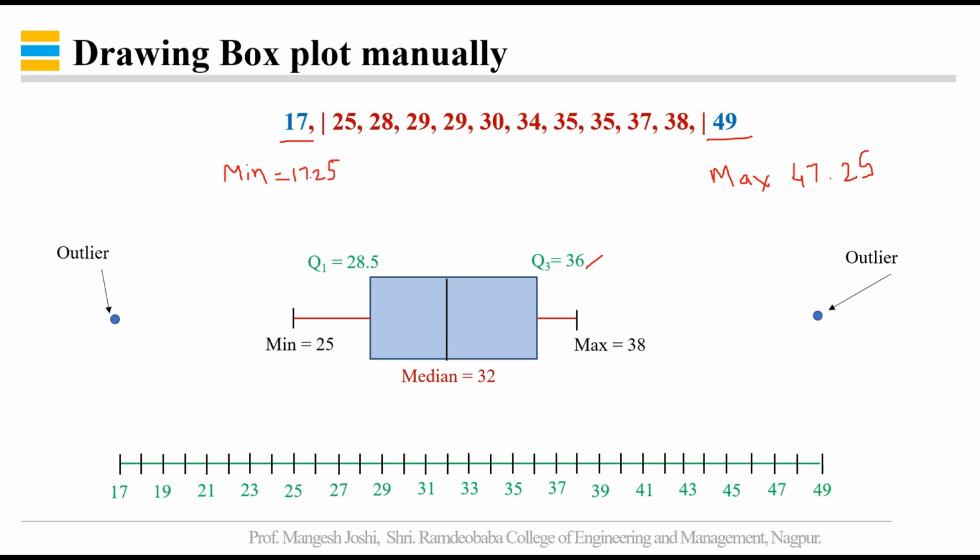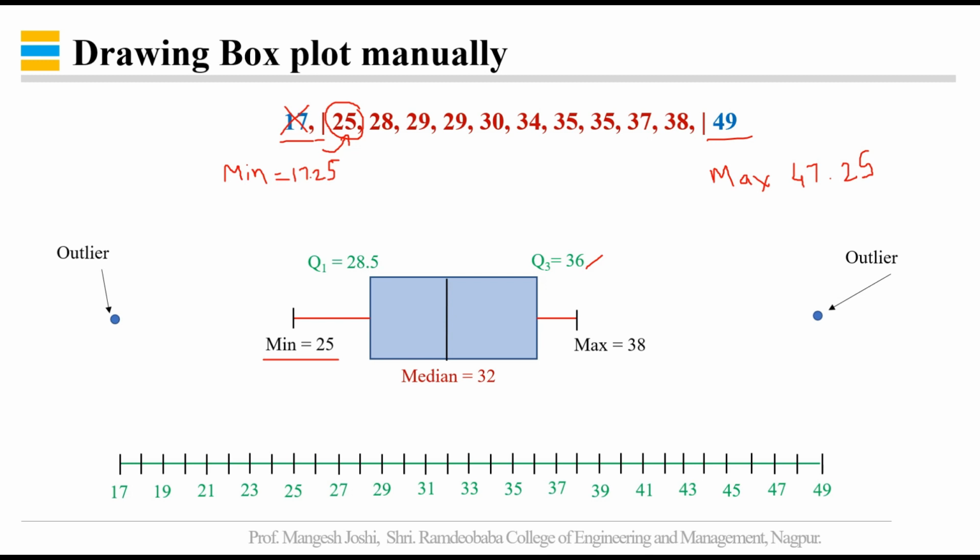Now since we have declared this 17 as an outlier, we have to shift, and there is no value between this minimum value and this 17. So we will shift this minimum value from 17.25 to the next value in the dataset. Because there is no value between 17 and 25, we will shift this minimum value to 25, and hence you can observe that minimum value is 25 in this case.